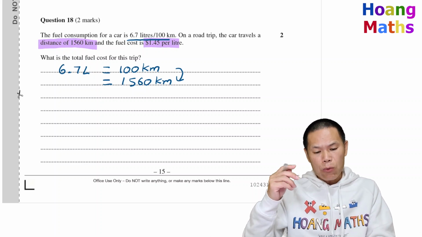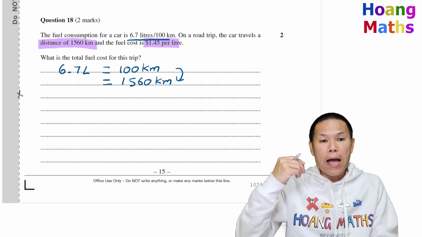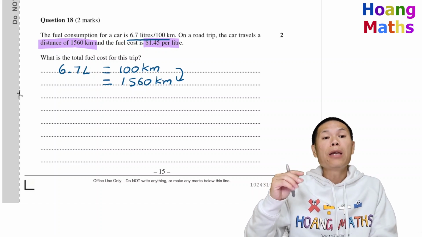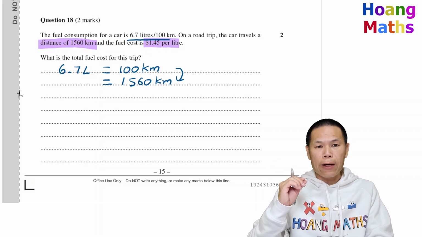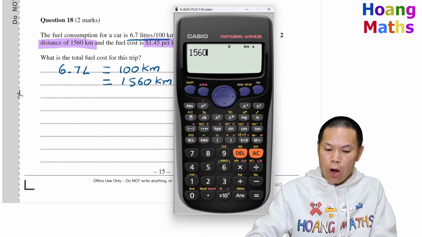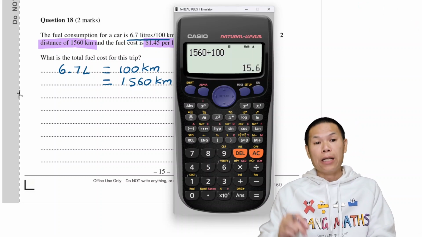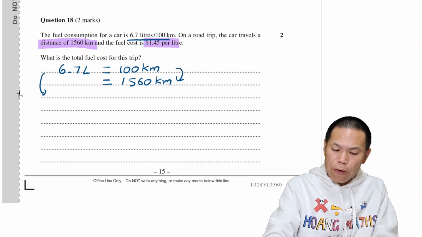To work this out, we go 1,560 divided by 100, which gives me 15.6. I just put it on a calculator: 1,560 divided by 100. We need to work out the factor, so 15.6 times.